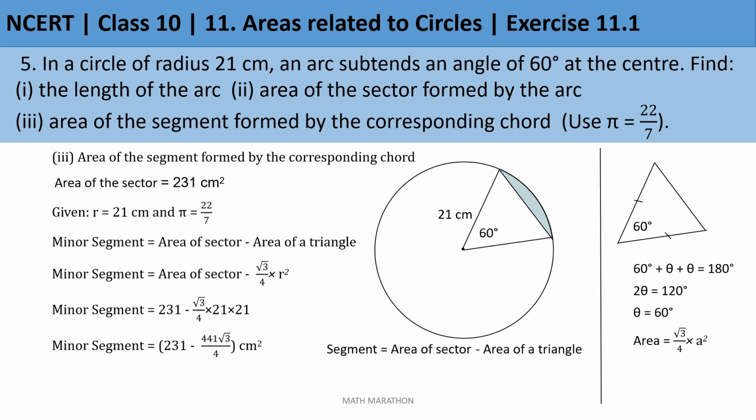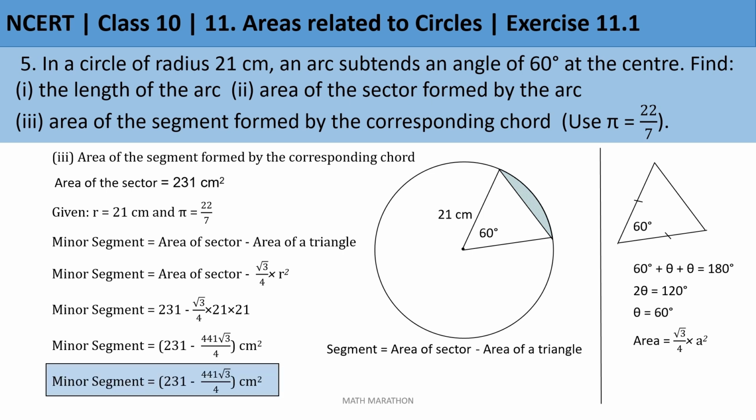Area of minor segment is equal to 231 minus 441 root 3 by 4 centimeter square.